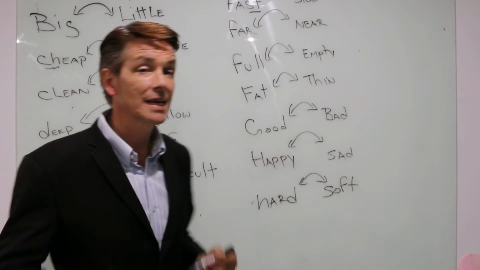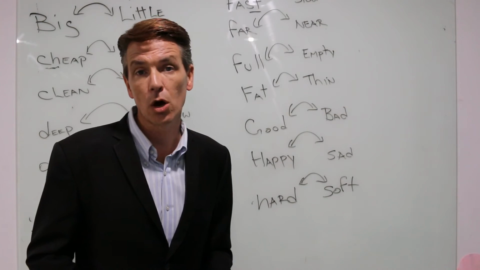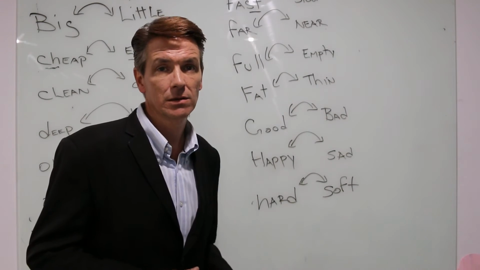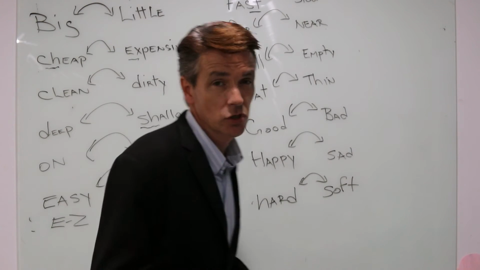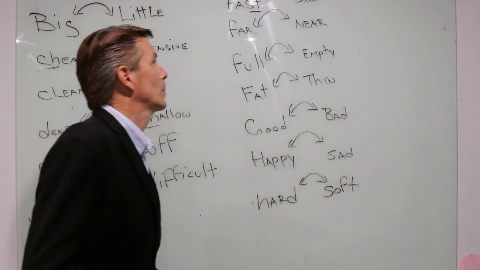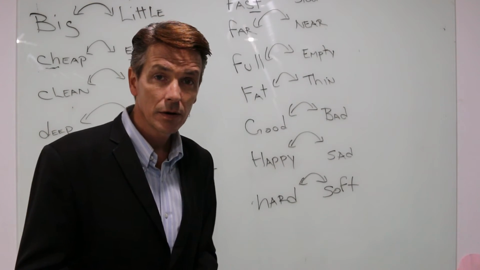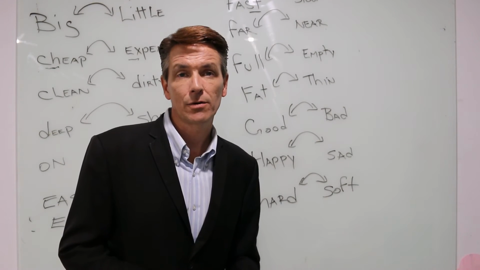Okay, next column. Fast and slow. Fast. Remember, that's that ST sound. Fast and slow. So, I am very fast. Or, I'm old and I'm very slow. How about the next one? Far and near. Far and near.